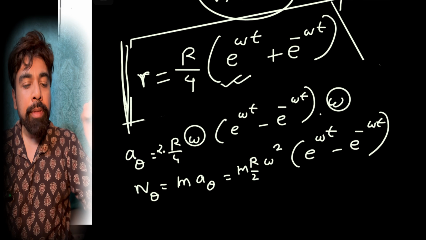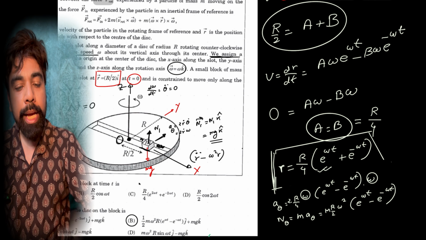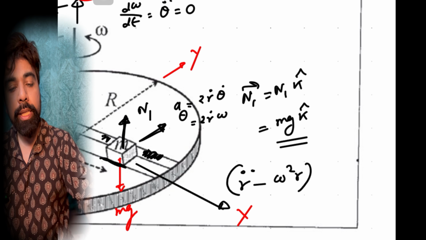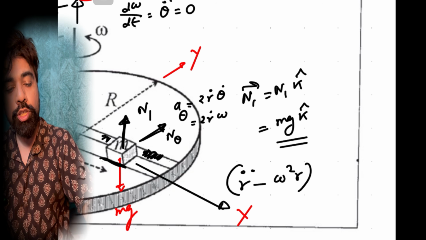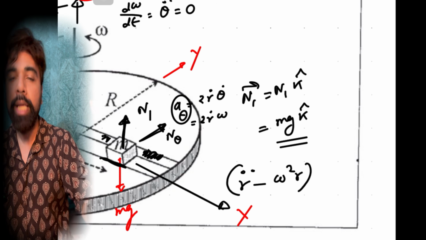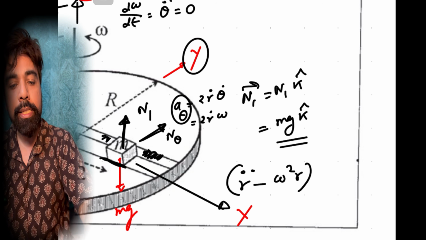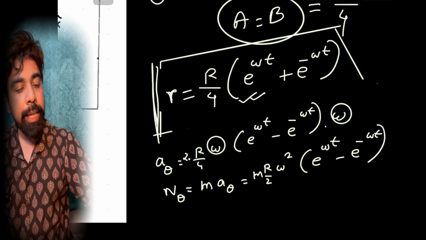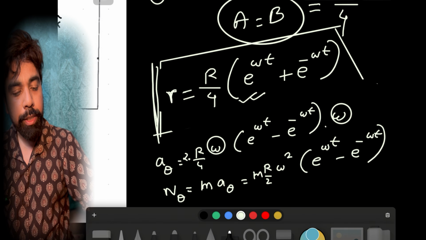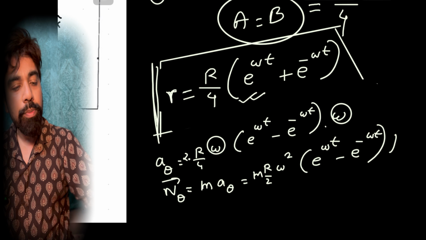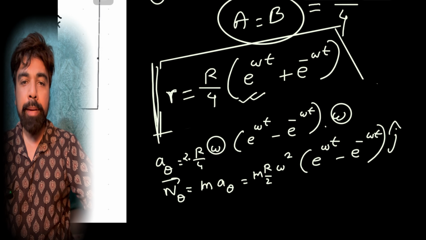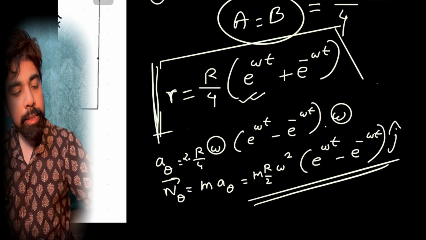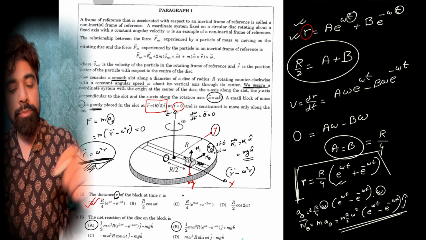And what is the direction of this normal reaction? You can easily see this vector is parallel to n theta, which is in the direction of a theta, and that n theta is in the direction of y. So n theta bar vector will be what? This vector is going to be multiplied with j cap. So the answer is this value plus mg k cap.